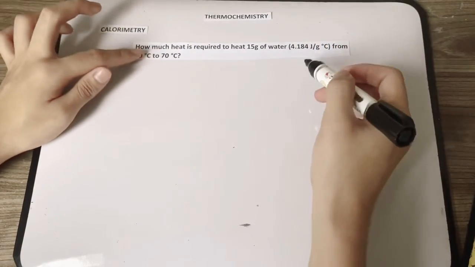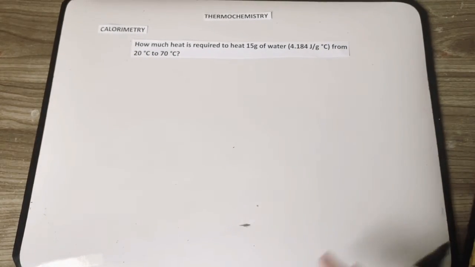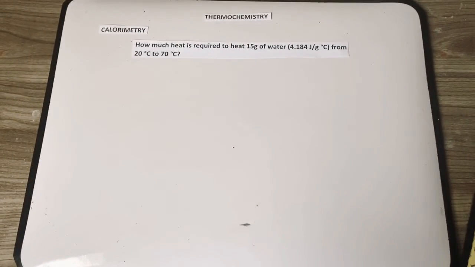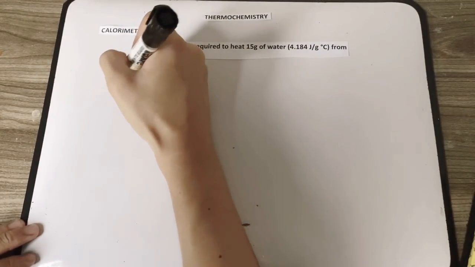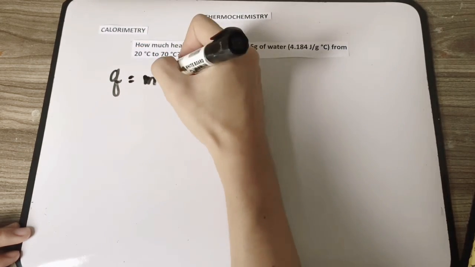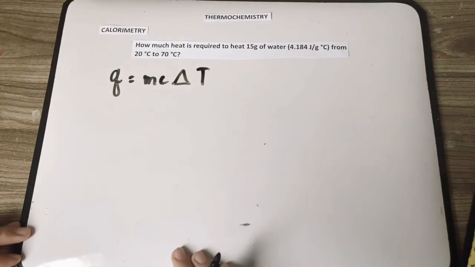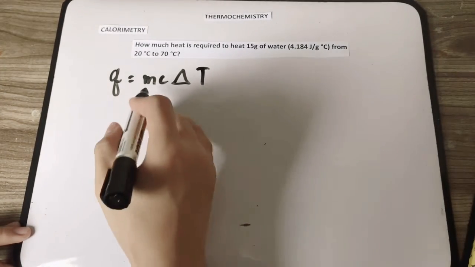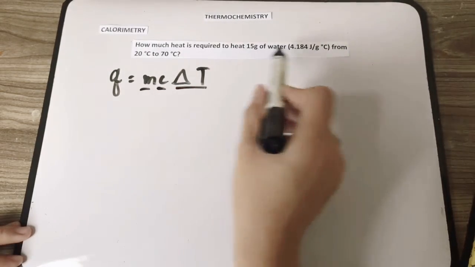So our problem is how much heat is required to heat 15 grams of water with a specific heat of 4.184 joules per gram degrees Celsius from 20 degrees Celsius to 70 degrees Celsius. So we can solve that by our equation.